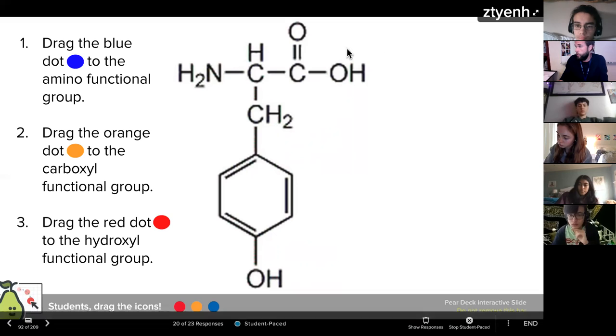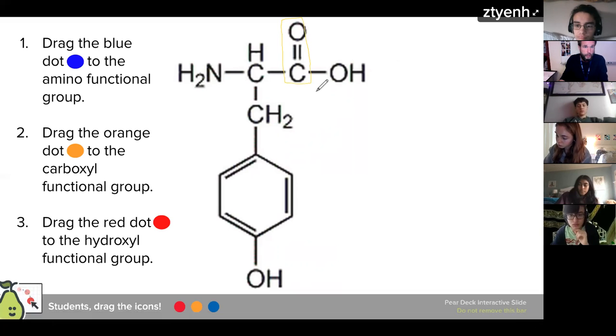Yes, we have a C double bond O, and you might argue that's a carbonyl group, but it's not an aldehyde because it's not attached to a carbon and then a hydrogen. If I were to sketch it really quickly, it doesn't look like this. That would be an aldehyde.